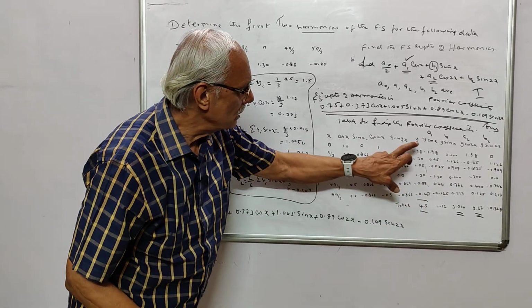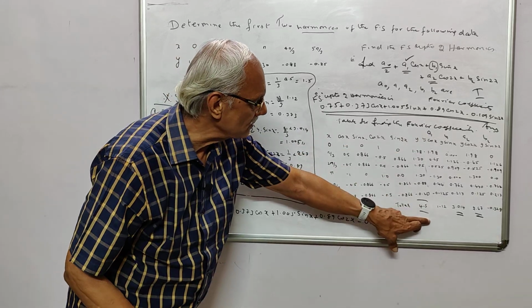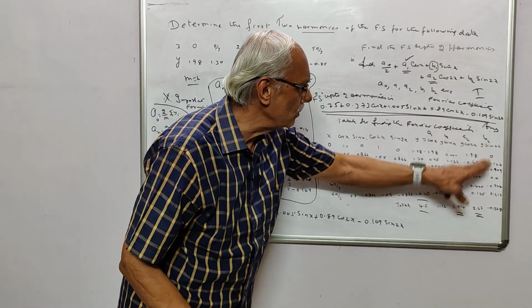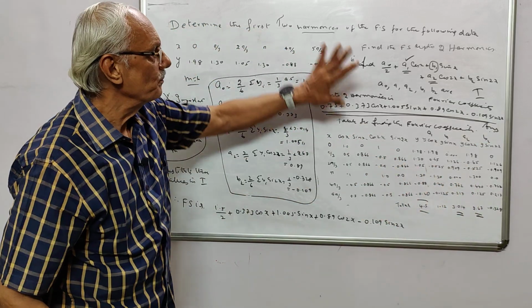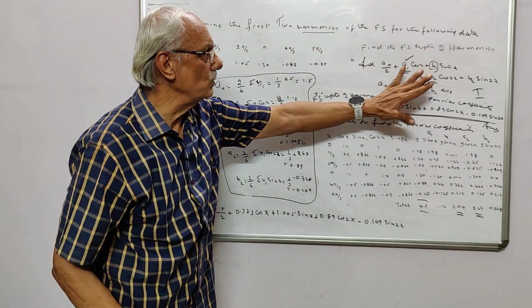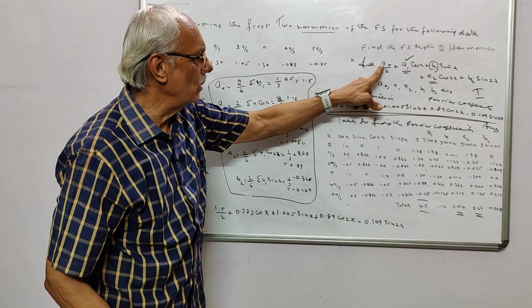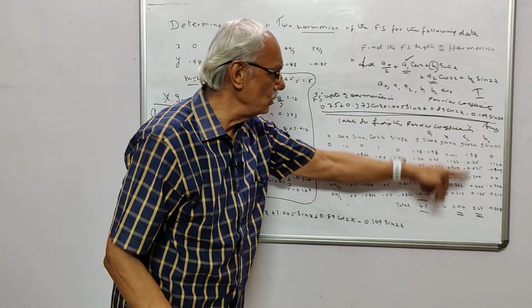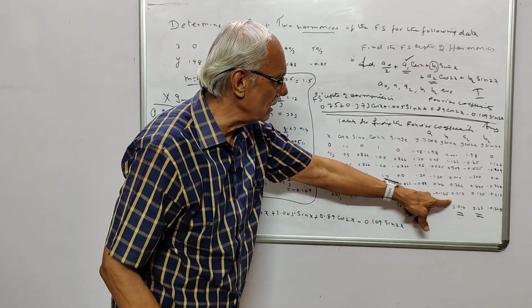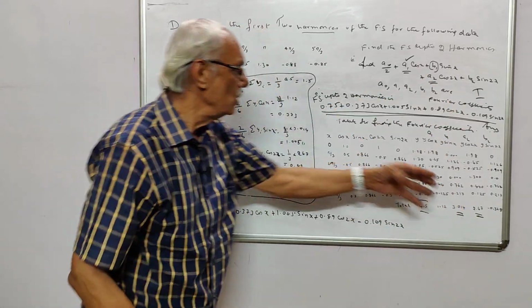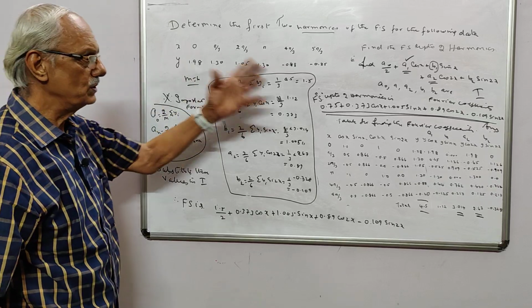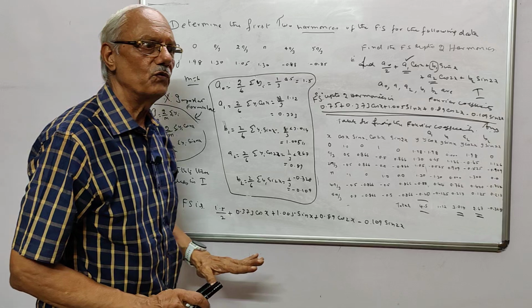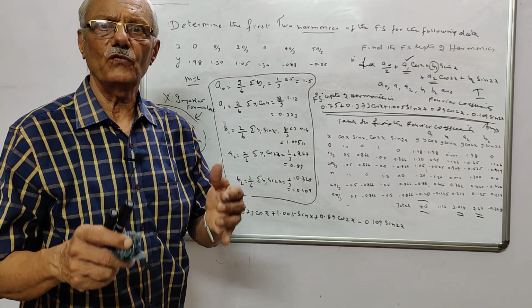You get the y cos x column, y sin x column, then y cos 2x column, y sin 2x column. Write the Fourier series up to 2 harmonics, and A0 you can get from here, A1 from here, A2 from here, B1 from here, and B2 comes here. Using this formula, substitute them, you will get the answer. So this is all about finding the Fourier series up to a certain number of harmonics.